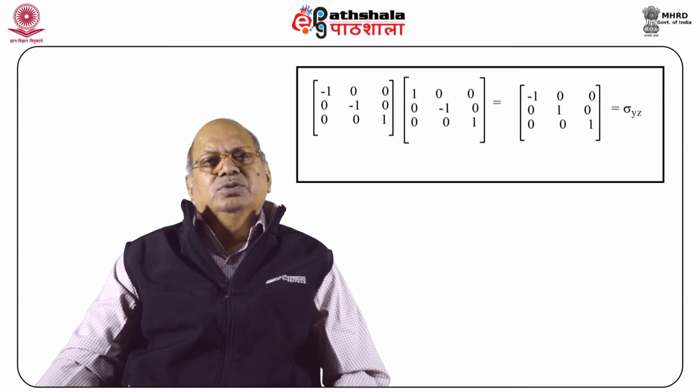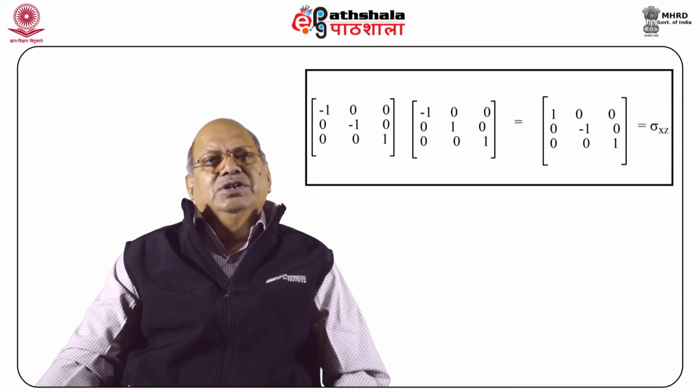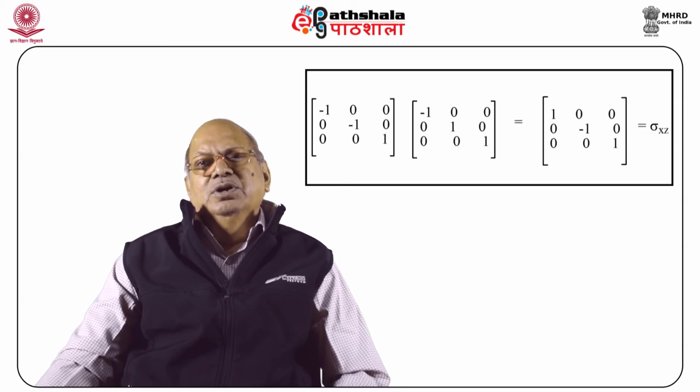So this is also verified. Now let us take C2 into sigma yz and the result is sigma xz. So I take the matrix corresponding to C2 and sigma yz and multiply them together. I get 1, 0, 0, 0, minus 1, 0, 0, 0, 1, which is nothing but the matrix corresponding to sigma xz.